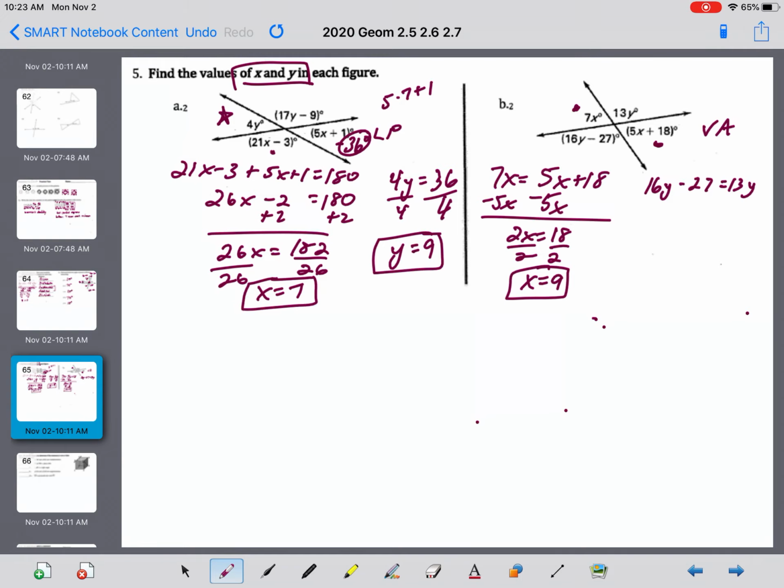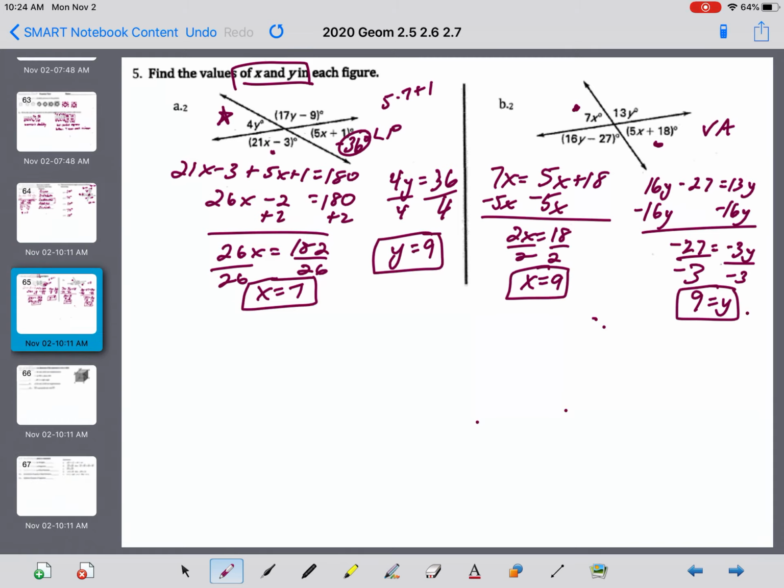Now, you'd be tempted to move the 13y, but I'm going to move the 16y since that 13y is already by itself. Negative 27 equals negative 3y. Divide by negative 3. So I used vertical angles twice in this one. So x and y are the same value. That's kind of unique, but it won't happen all the time. Like in letter A, x and y were different. In this case, x and y are the same.